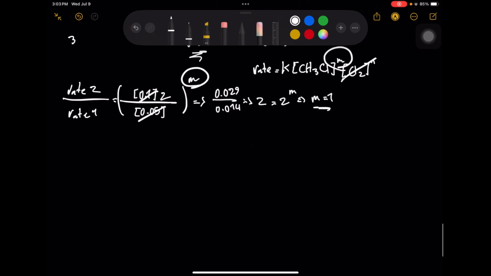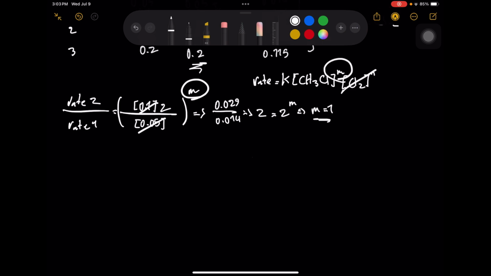To calculate the order of Cl2, we do the same thing.